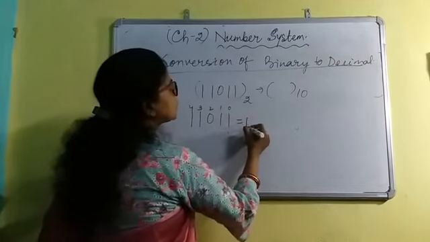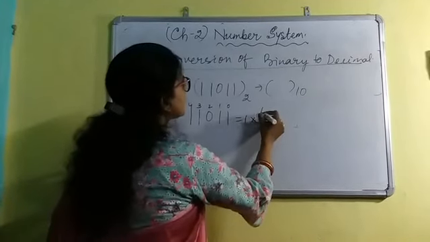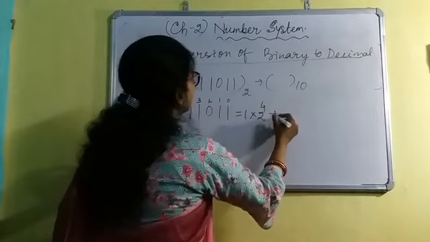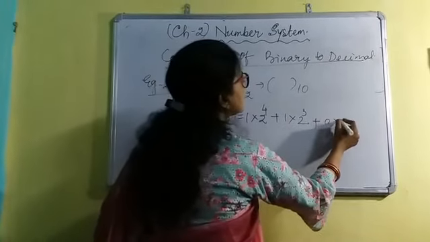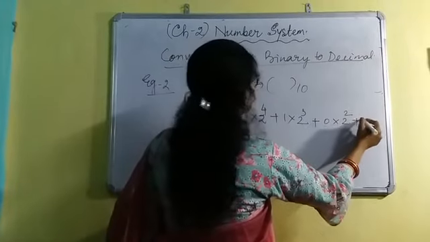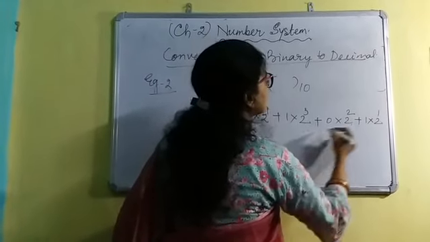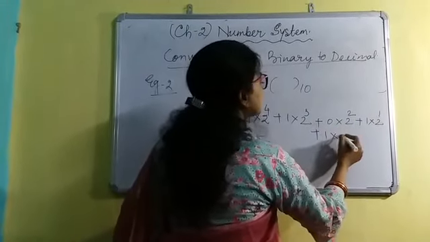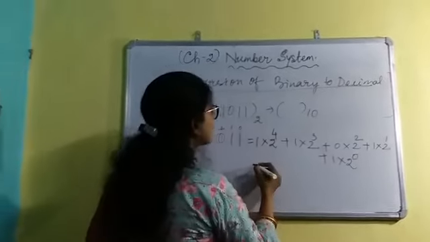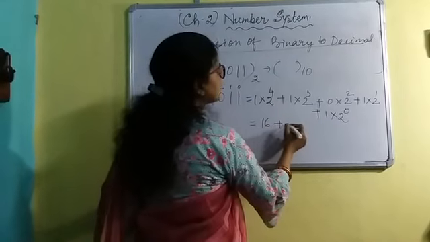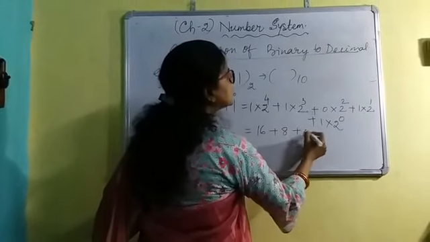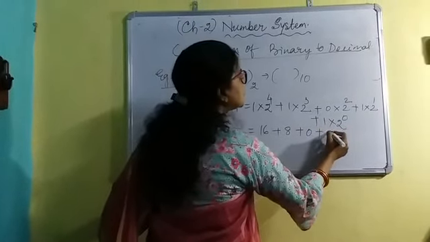So what we will do? 1 into 2 to the power 4 plus 1 into 2 to the power 3 plus 0 into 2 to the power 2 plus 1 into 2 to the power 1 plus 1 into 2 to the power 0. So 2 to the 4 is 16, plus 8, plus 0, plus 2.